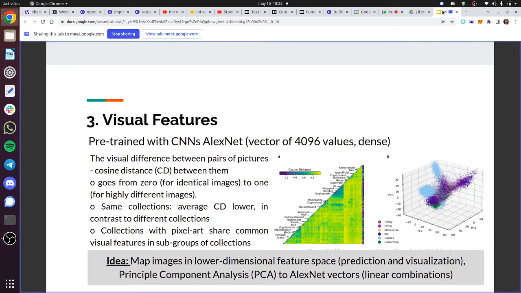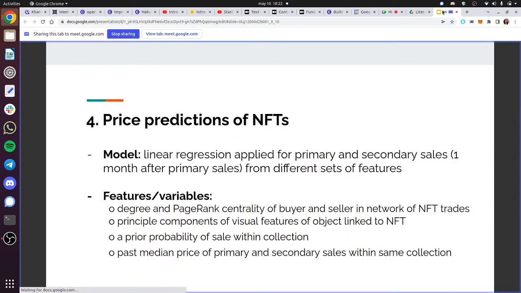That's interesting because they are not just looking at one picture, but at individual pictures, and compare the pairs of the pictures. So the idea is that they want to map the images into lower-dimensional features, and they apply principal component analysis to transform the network vectors into linear combinations. Next, please.